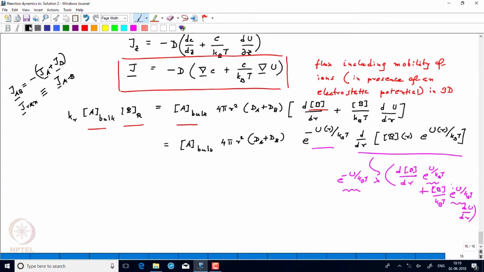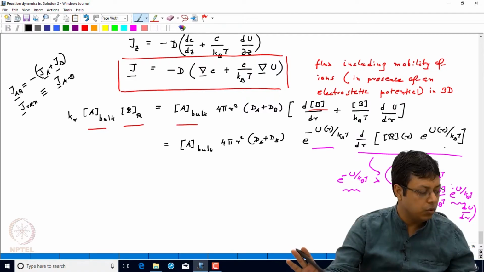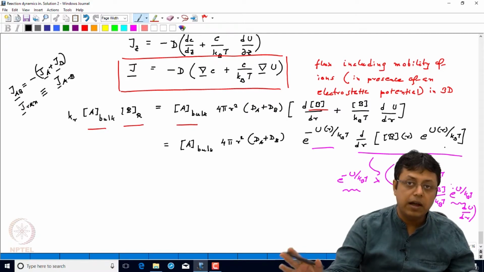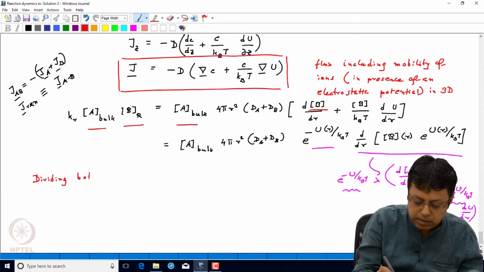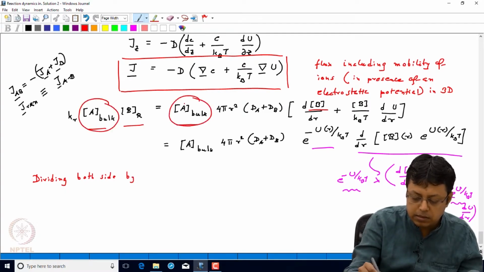Ultimately, we are going to rewrite the entire equation, because as you can see, I have a derivative of this entire quantity B times e to the power u(r) by kBt. So I'm going to divide both sides by A bulk, because that will get cancelled.